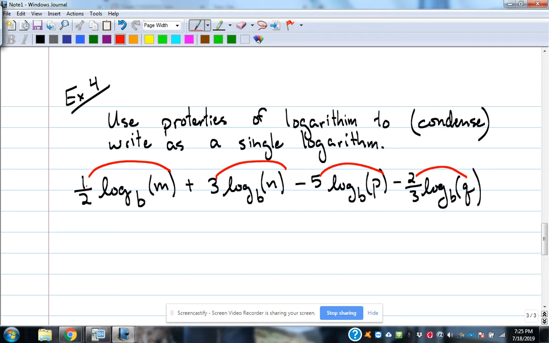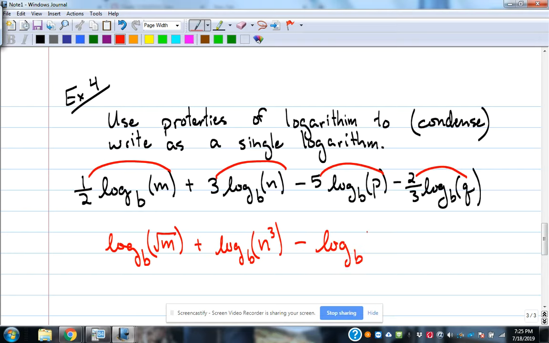So that's going to be the 1/2 power, so that's going to be log base b of the square root of m plus log base b of n to the 3rd power minus log base b of p to the 5th power minus log base b of q squared underneath the cube root. Index here, the denominator of the fraction is the index of the root. The numerator is the exponent on the inside.